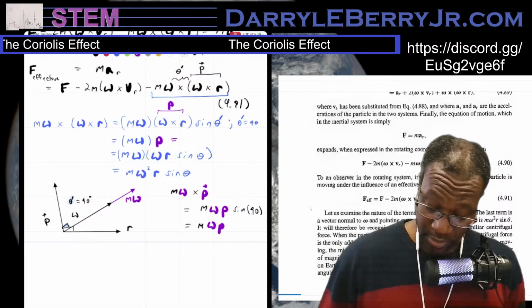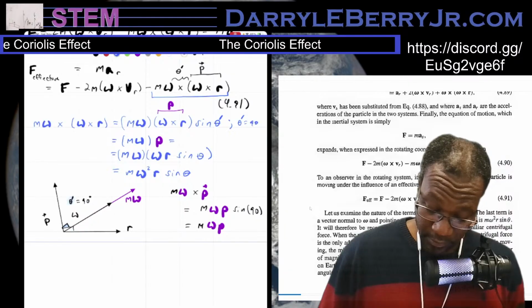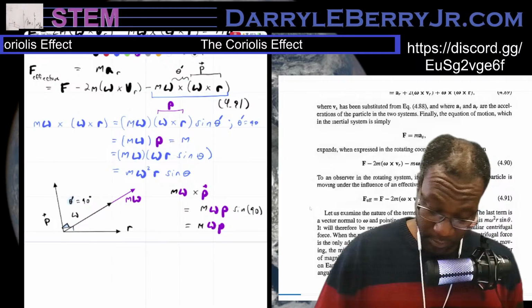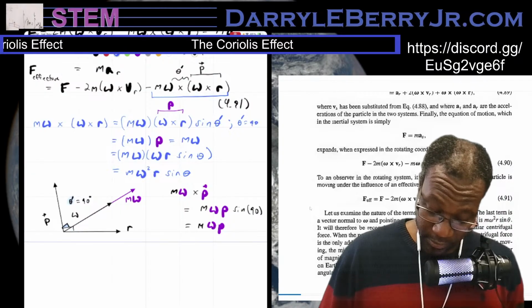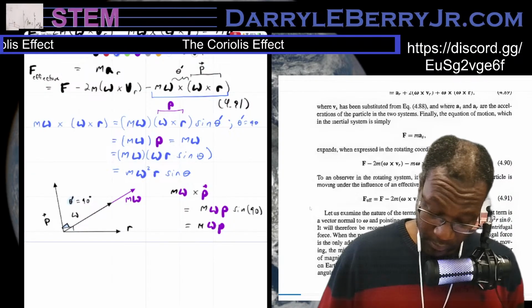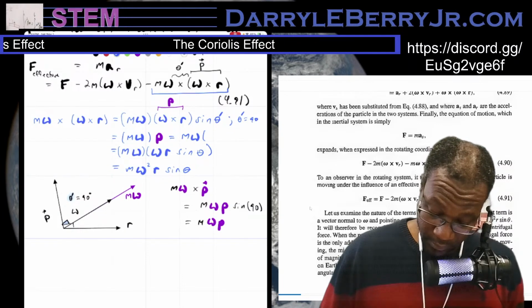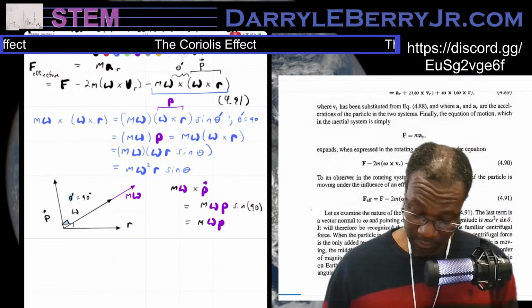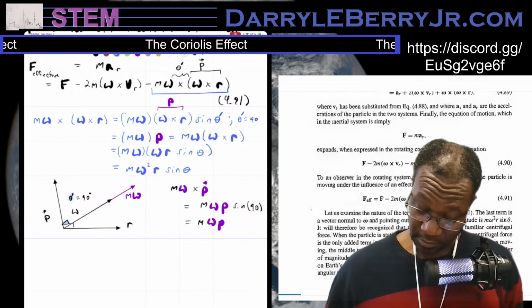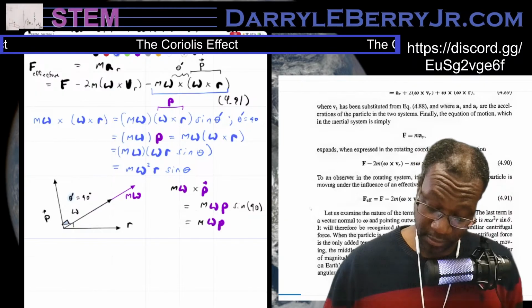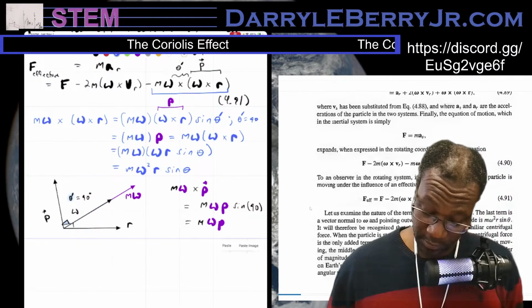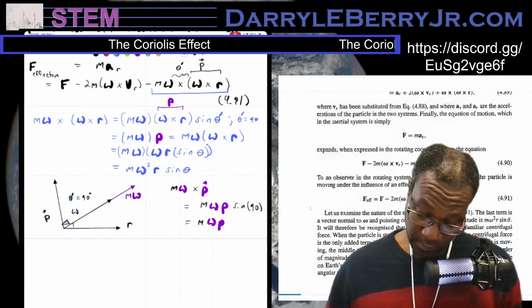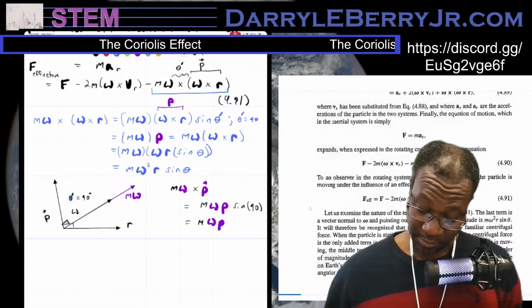And now we know that this equals m omega cross omega cross r. We can apply the identity again. This is omega r sine theta times m omega.